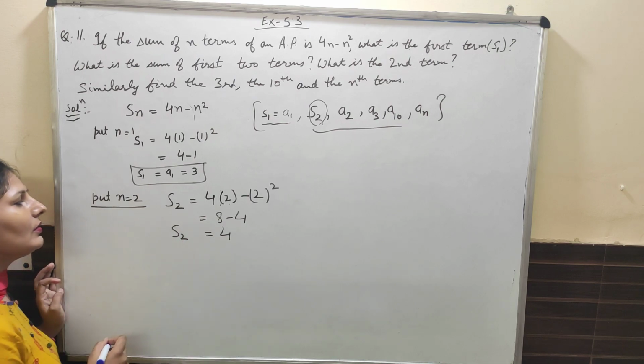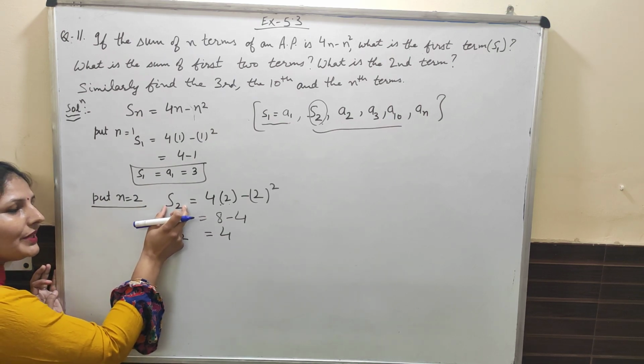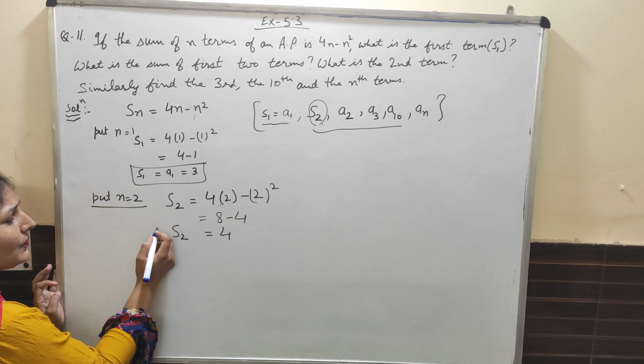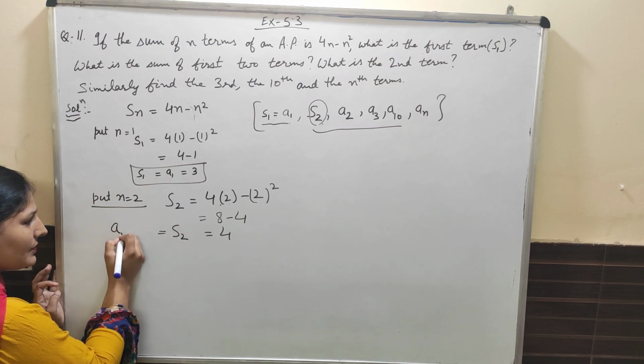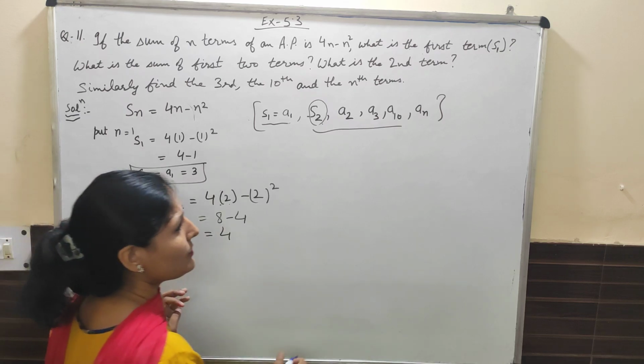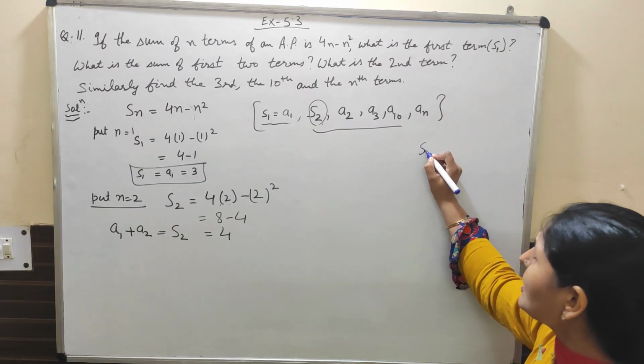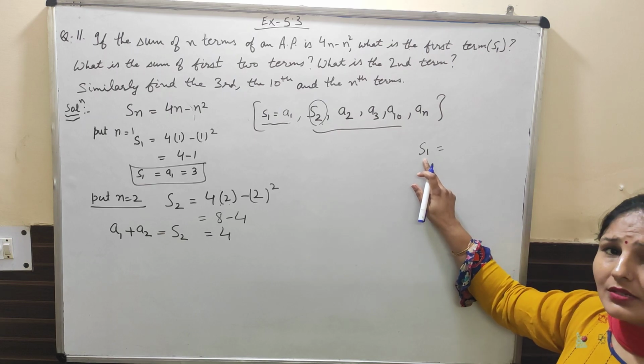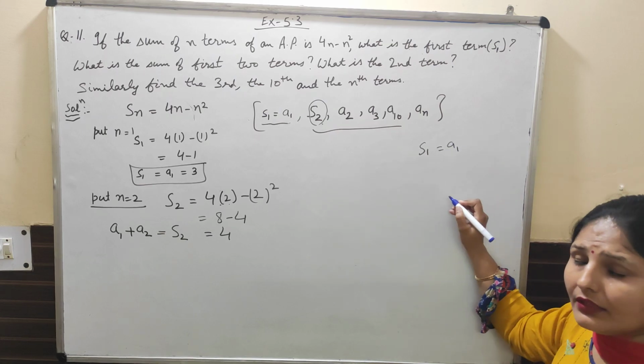What does this term S2 mean? It means sum of first two terms, means A1 plus A2 is S2. Yes students, listen. S1 means sum of first term, means A1 only.